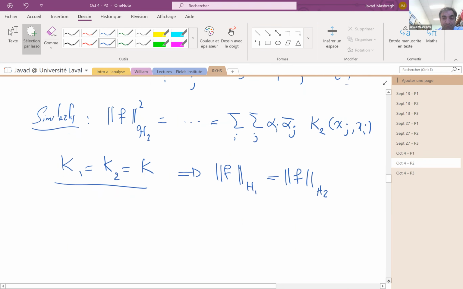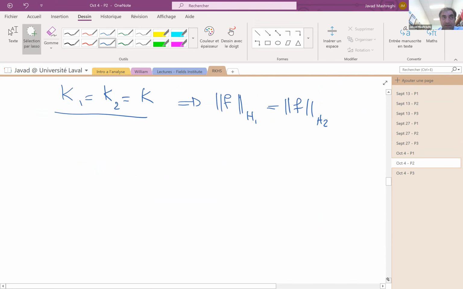So I have a dense subset in H1, which is with respect to the norm H1, which is dense also in H2 with respect to the norm H2, and also it's an isometry. So what can I say for an arbitrary element? The last step: let f be an arbitrary element of H1.